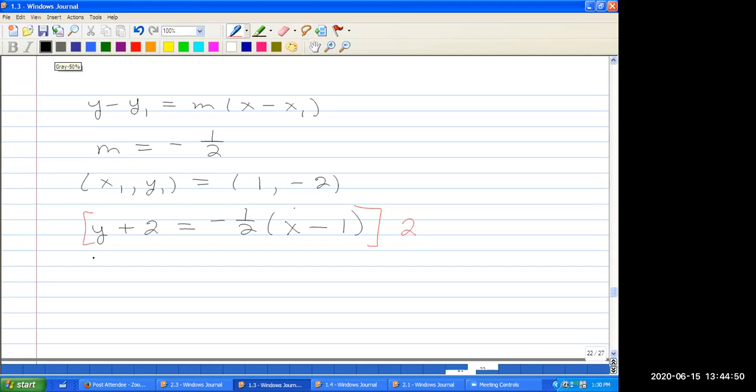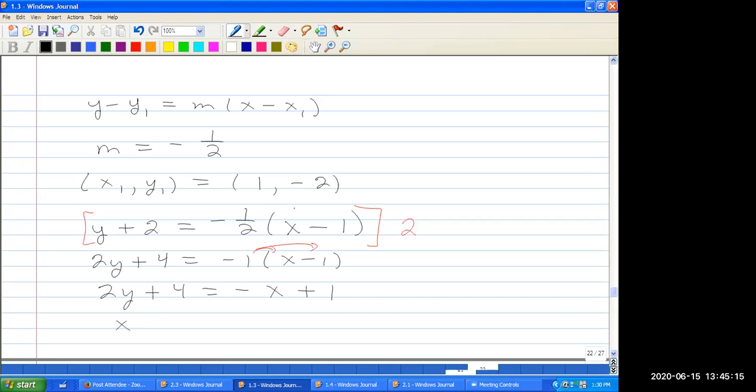And so I get 2y plus 4 equaling -1, because the 2's cancel. Let's multiply the -1 inside the parentheses. So you get 2y plus 4 equals -x plus 1.